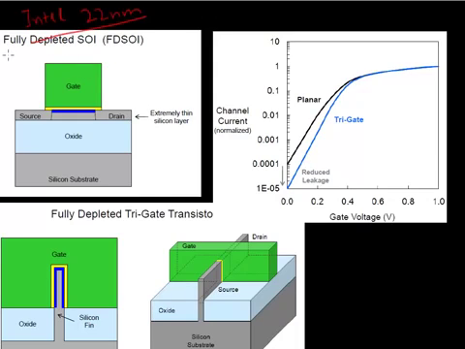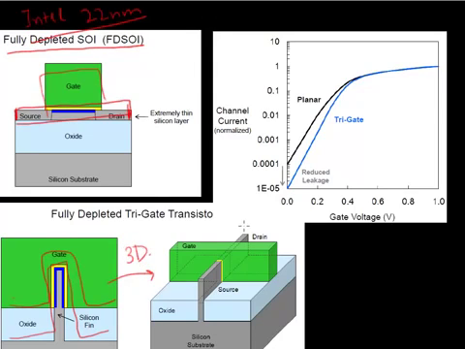One is the fully depleted SOI device, where you have a very thin channel on an SOI substrate, and the gate is able to fully control the channel by depleting the whole thickness of this channel material. And this is the other variation, a tri-gate device, where you have a channel protruding out in the shape of a fin, and your gate electrode wrapping around it on all three sides. And this is the same 3D view of this device.